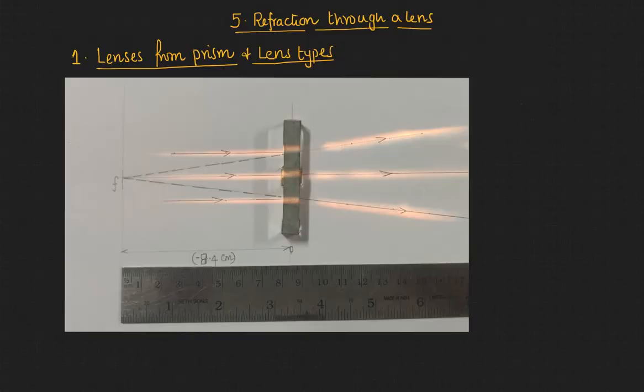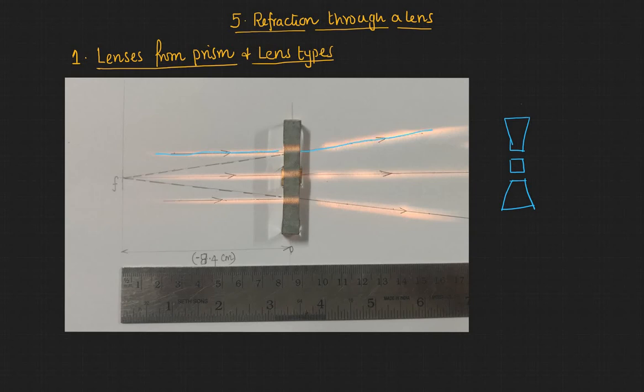Now here is another setup where we have the concave lens. These were the inverted prisms, and you can see what happens to the light beam as it passes through. The light goes through here and exits, it diverges.